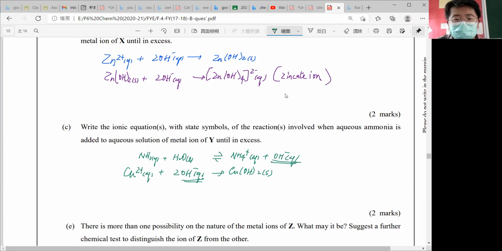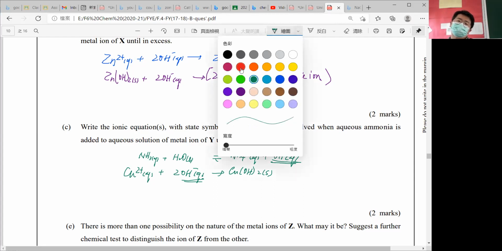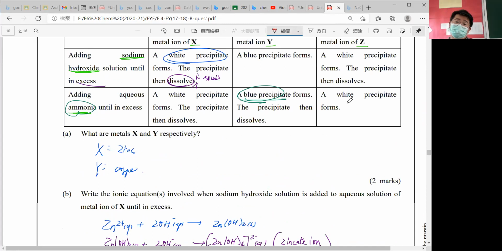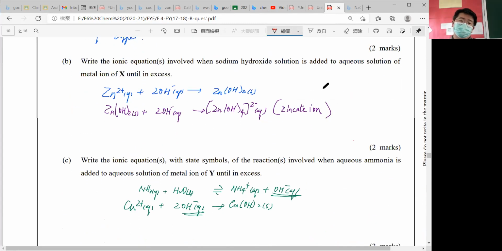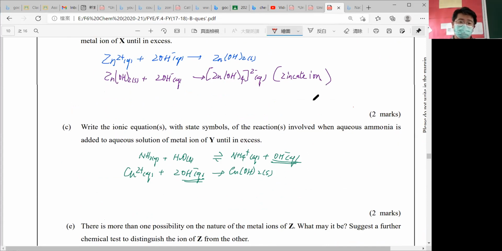So because of the excess of the hydroxide, and here comes that. What is the second part? The precipitate that dissolves. So how will you get that one?